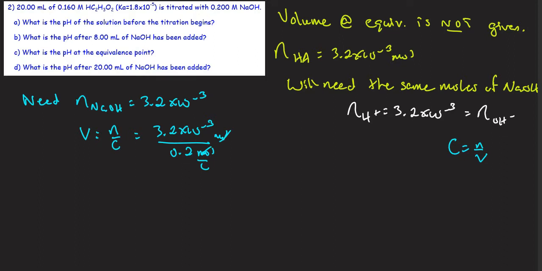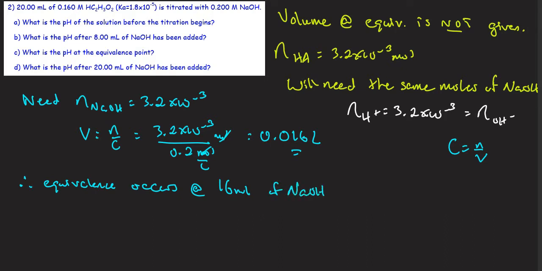Mole cancels out, and you're left with a volume of 0.016 liters. So that's the volume you need of base. Therefore, equivalence occurs at 16 mL of sodium hydroxide.